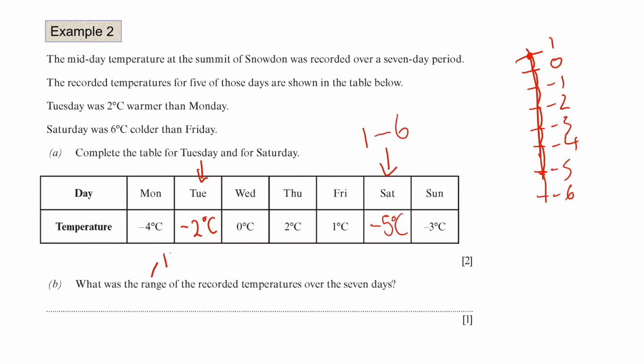What was the range of the recorded temperatures over the 7 days? So remember, the range is the highest, take away the lowest. That's how you find the range. So we need to find the highest number, which is the warmest temperature. That is 2. And then you need to subtract the coldest temperature, which is -5.